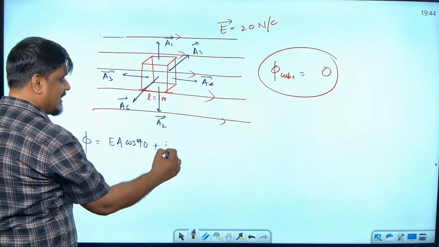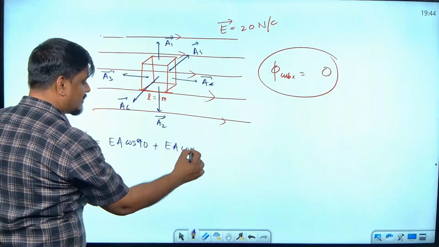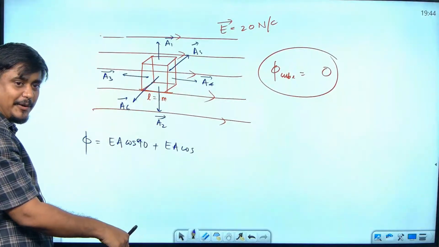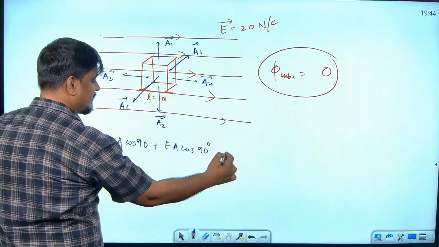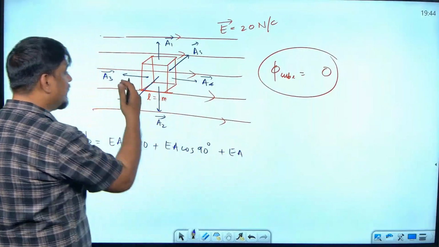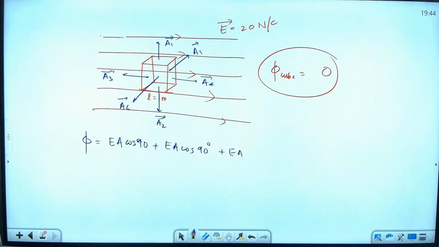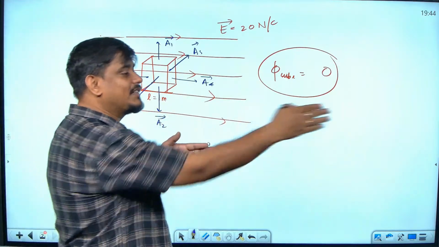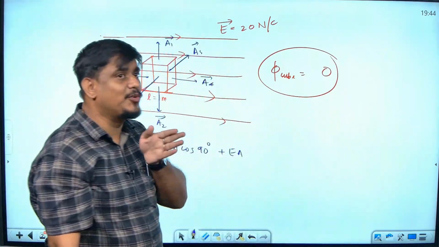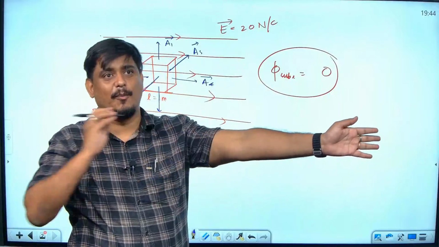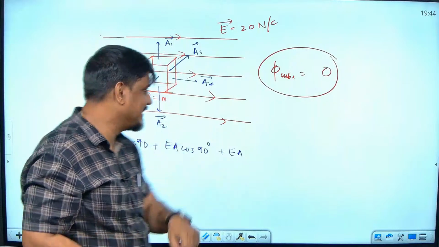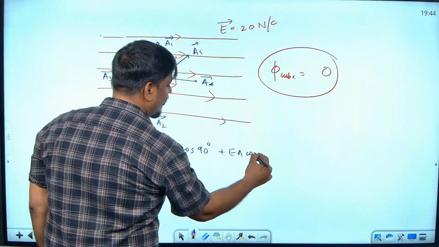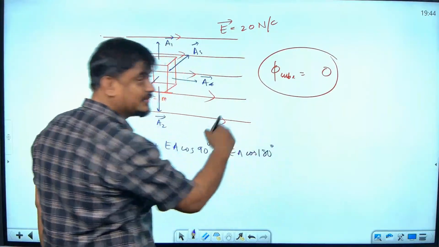Plus E A cos 90 for the second, the one below, perpendicular. Plus E A. The third area is this side. The electric field is towards right, the area vector is in the opposite direction. What is the angle between them? 180 degrees. So E A cos 180.